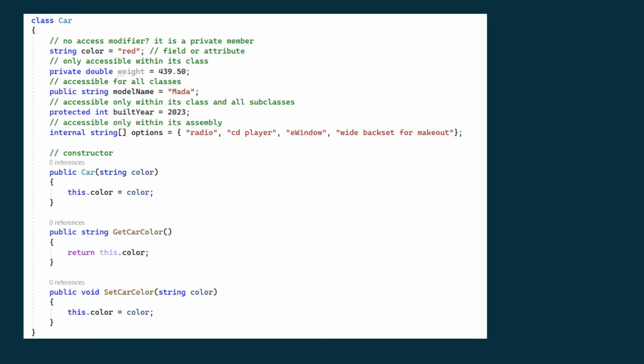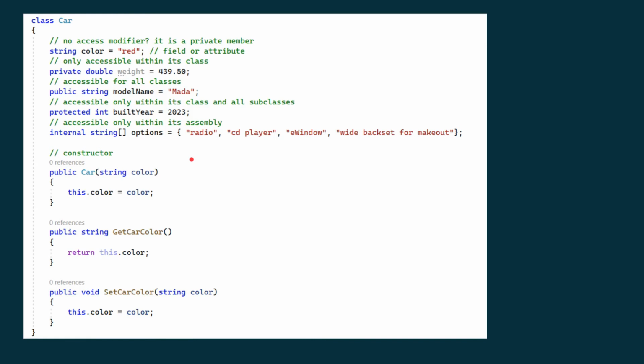So to declare a variable with the type class, you first use the keyword class and then the name of your class. It is best practice or convention that the name of your class starts with an uppercase letter, and you use Pascal case for the naming.